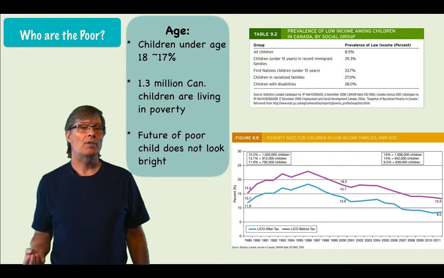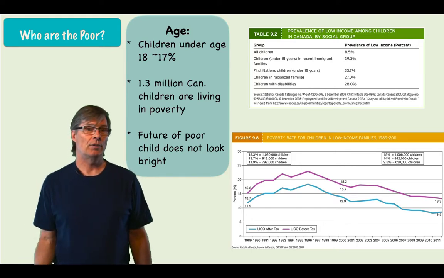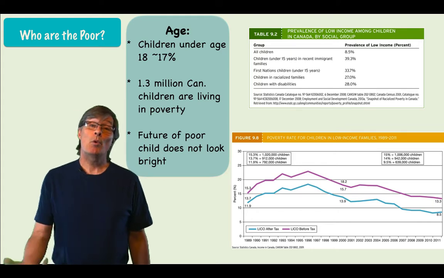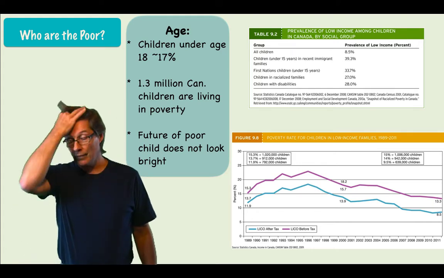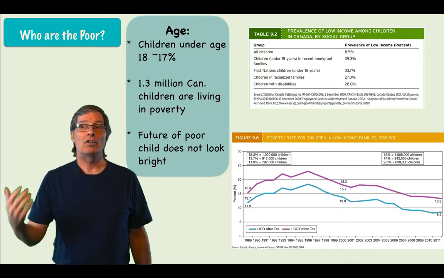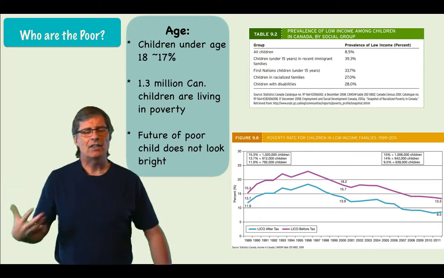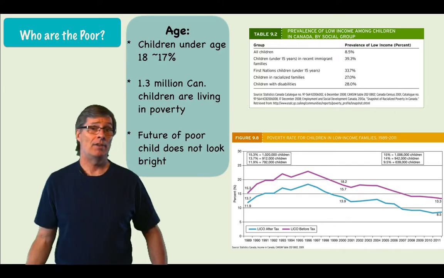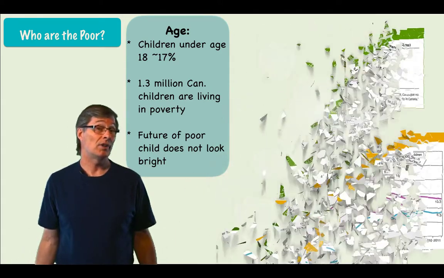More than 1.3 million Canadian children are living in poverty. And a large number of children, however, are just above the official poverty line, or the low income cutoff. So what's important to remember is that Canada doesn't like to talk about class because we don't like to acknowledge the degree of poverty that exists in such a wealthy country as Canada.